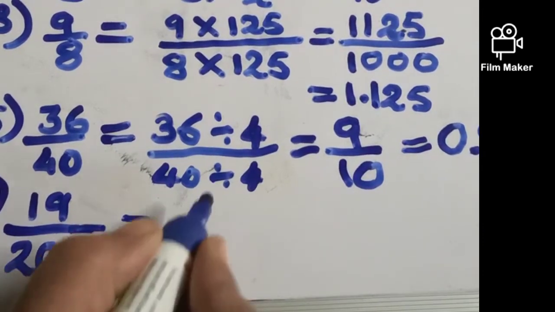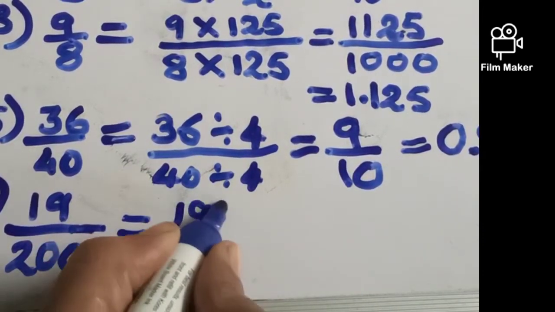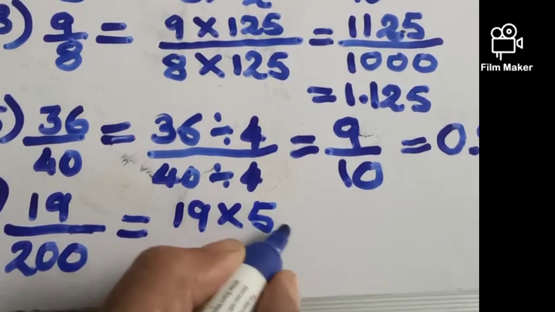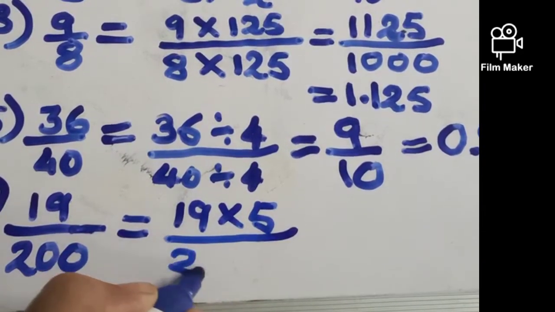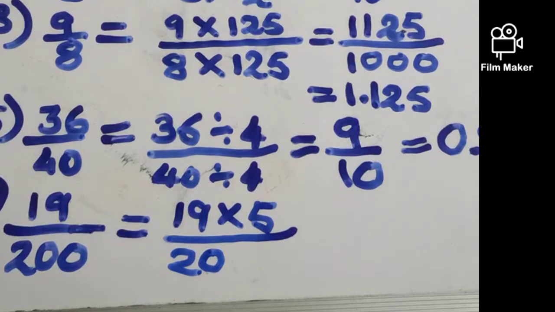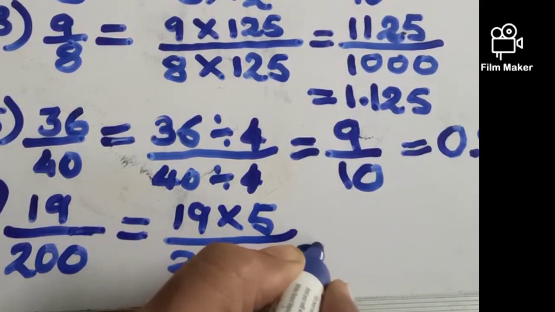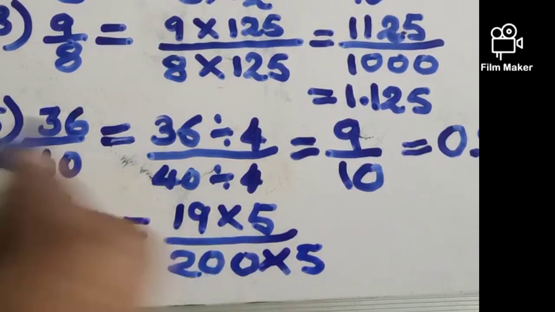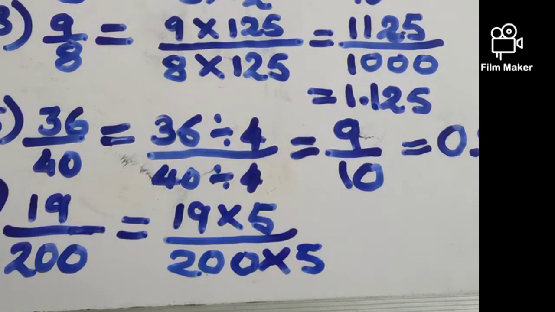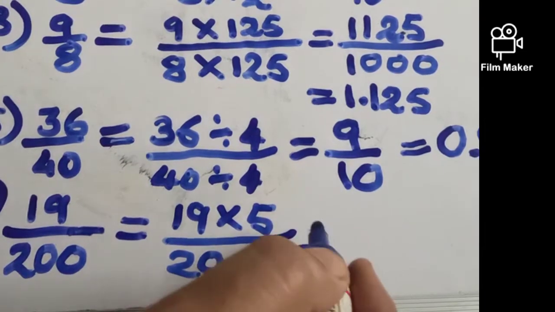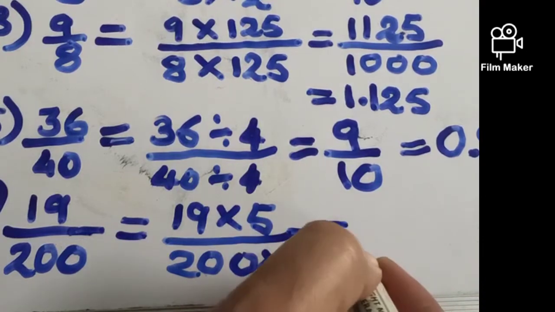Let us see. 19 5s are 95 and 200 5s are 1000.